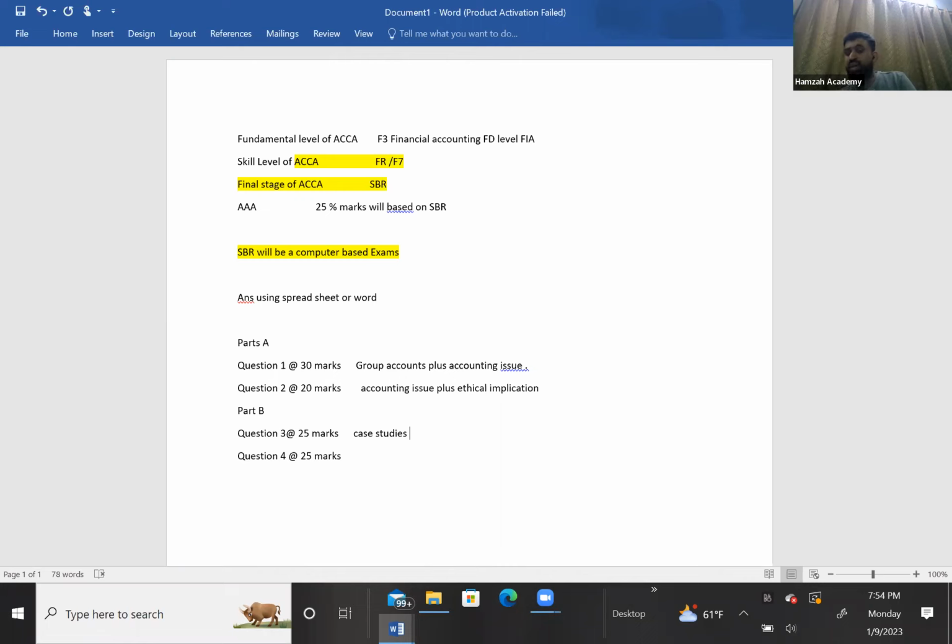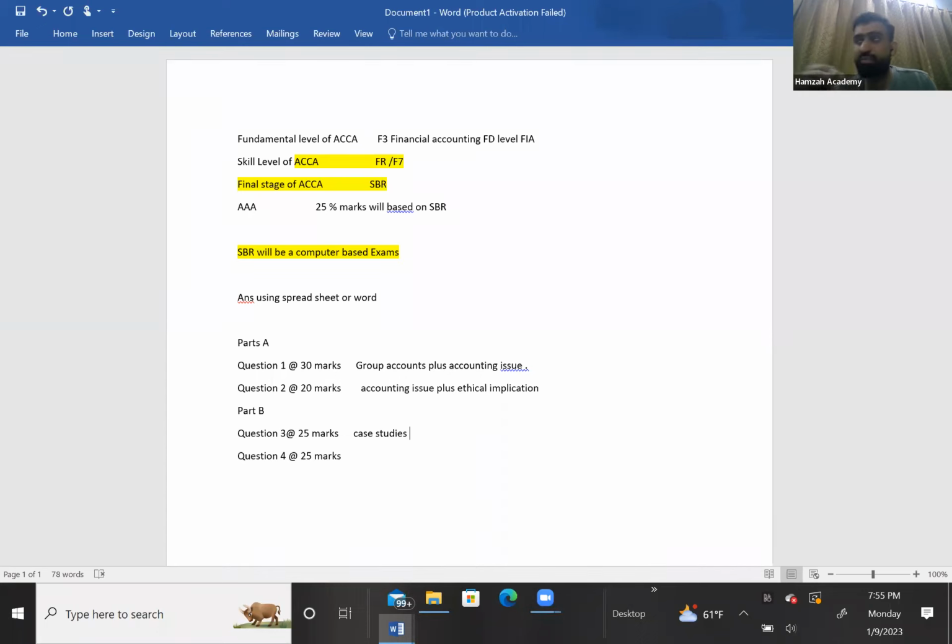Okay, and one more thing. We have total 100 marks, but out of 100 marks, 20 marks will be available only for your professional skills. That means 80 marks are available for your knowledge and 20 marks are available for your professional skills, because now in ACCA, for every professional paper, there are 20 professional marks.